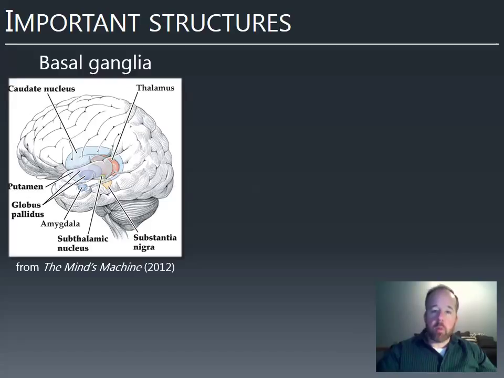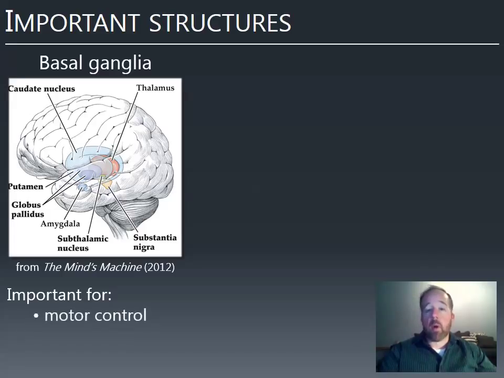And once you lose those neurons, you lose some of the function of the basal ganglia. And the basal ganglia are important for controlling movements. And that's one of the main symptoms of Parkinson's disease, is difficulty initiating and controlling movements. And that's because you've lost the dopamine neurons that go into the basal ganglia and activate motor systems.